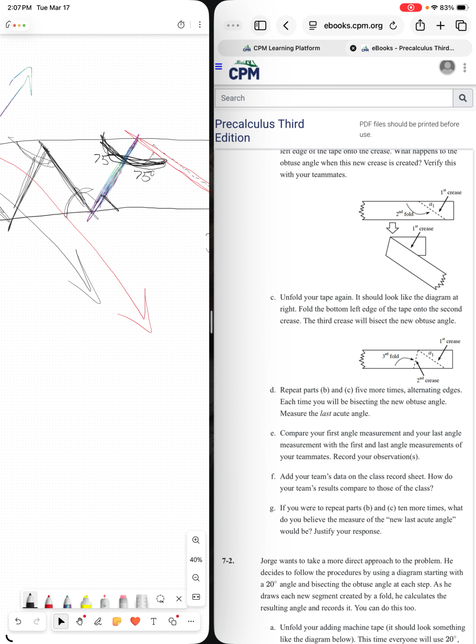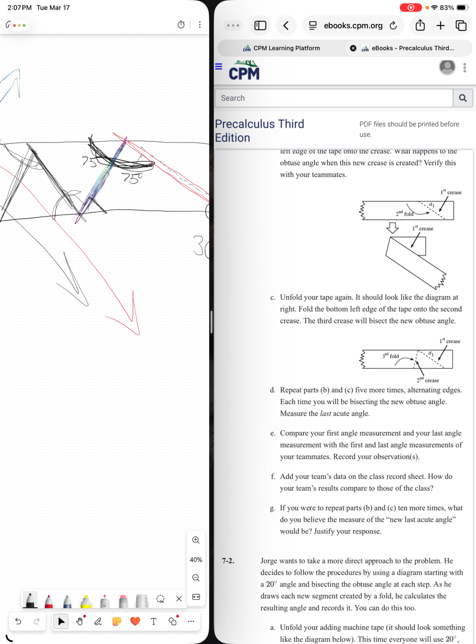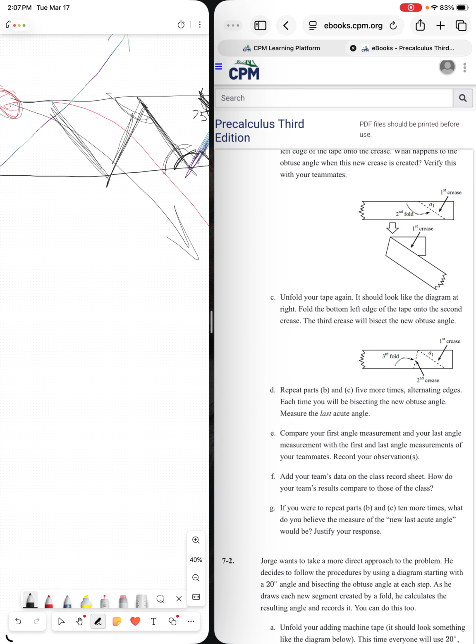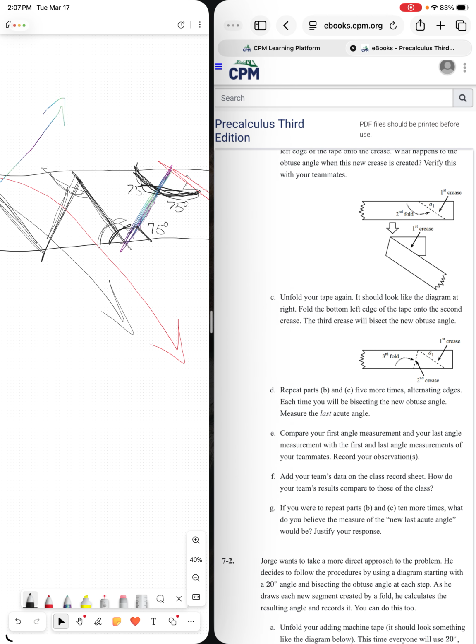We now have a triangle. So 30 and 75 make 105, so we know this is also a 75-degree angle. Well, we now take that big angle, which was 150.